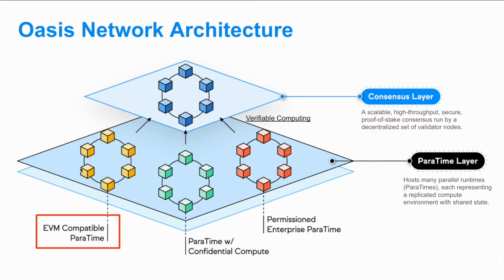Now, in layer 2 we have the so-called ParaTimes. Those are actually parallel runtimes where all the computation is done, and guess what? All these ParaTimes are isolated from each other. Essentially, these ParaTimes are blockchains, and they have a specific purpose.